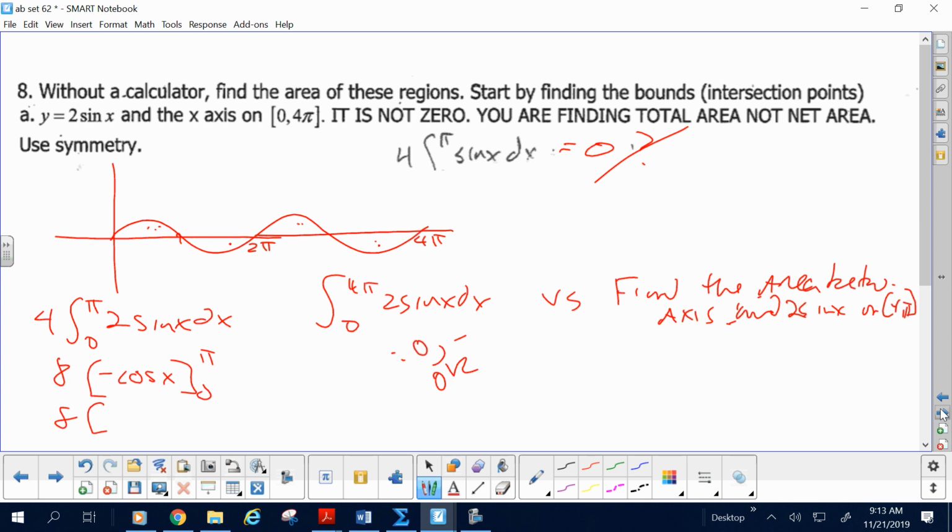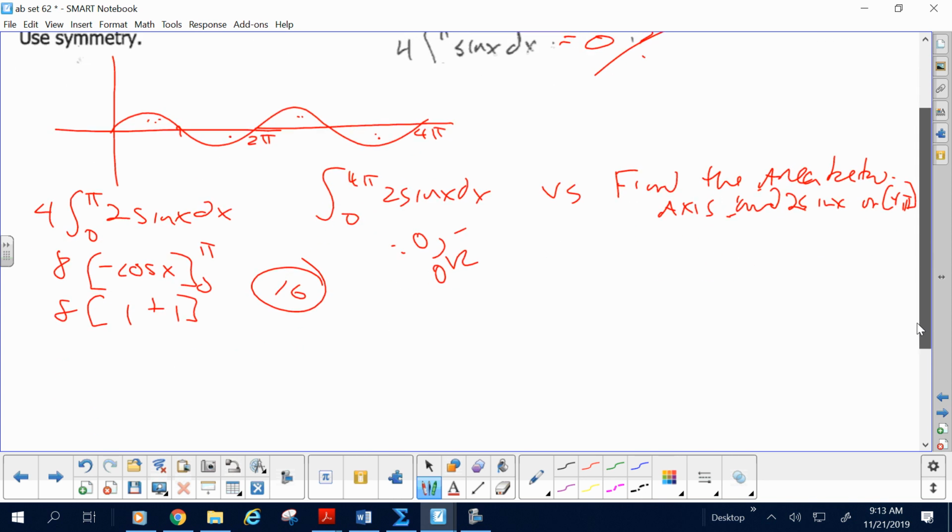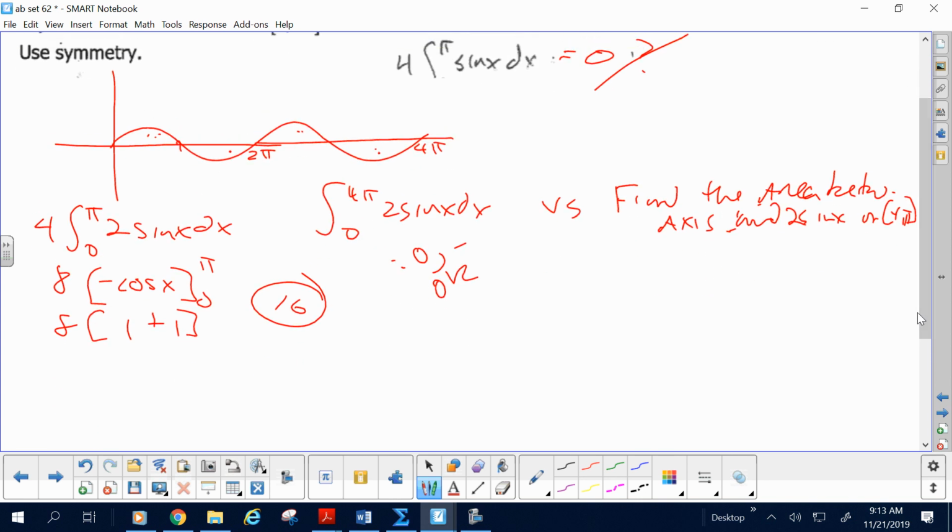That's 8 times, what's negative cosine of pi? 1. What's minus a negative cosine of 0? Minus a negative cosine of 0 is plus cosine of 0, so 1. And therefore it is 16. Not 0. Gonna kill me with the zeros.